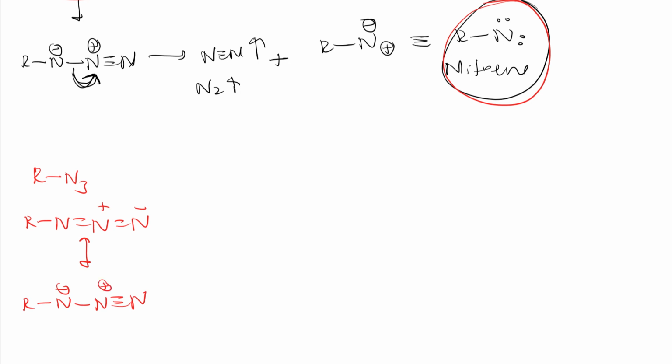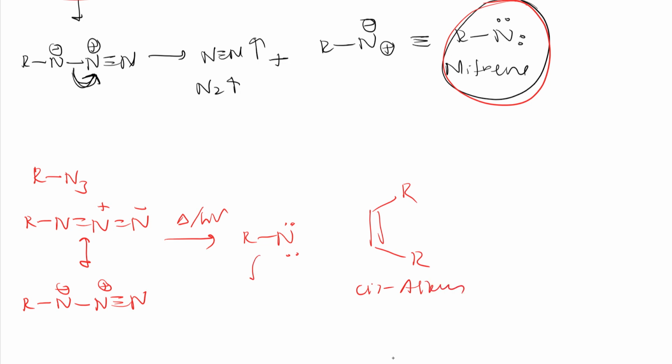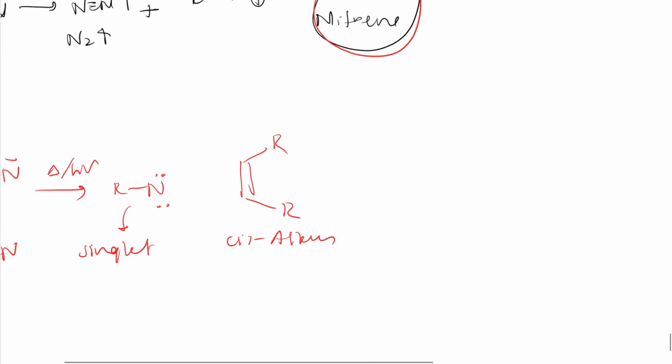All these are the same. If I do the heat at thermal condition or photochemical condition, it will form nitrene. To this, if I add a cis alkene, and this nitrene, if it is singlet, then it will be stereospecific, right?